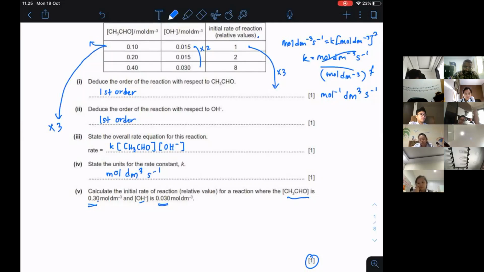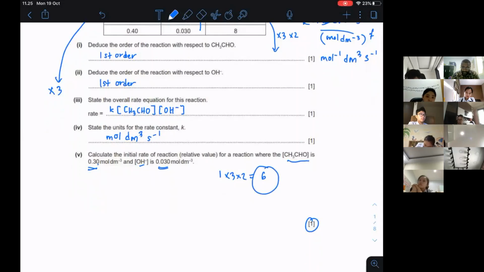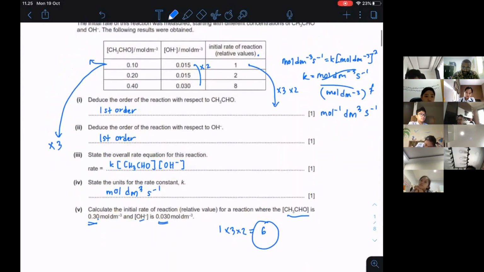So if you times by 3, this is going to be times by 3. If you times by 2, this is also going to be times by 2. First order. So here the answer will be 1 times 3 times 2, which is 6. That's going to be the initial rate of reaction using relative value. There's no unit, I'll just put 6, that is enough.